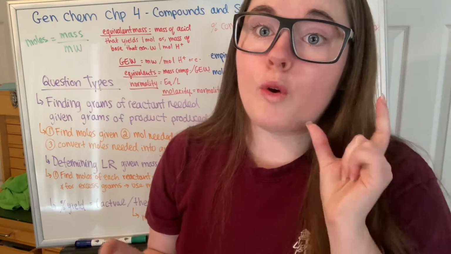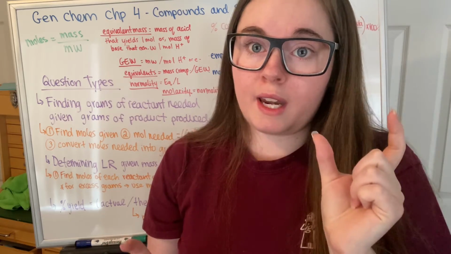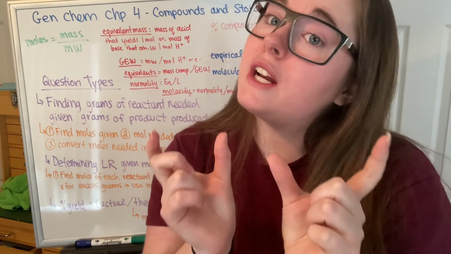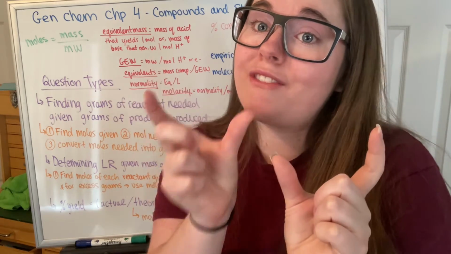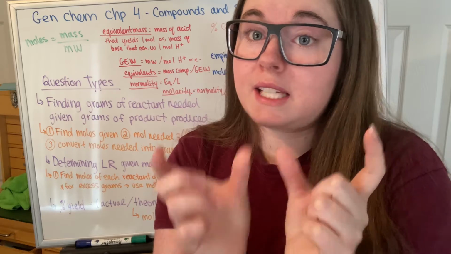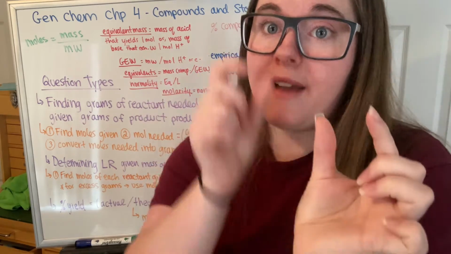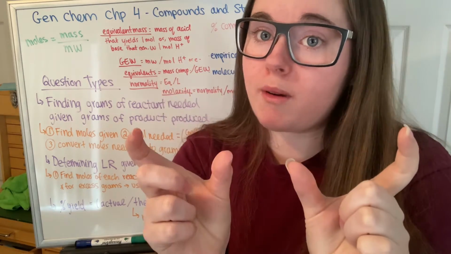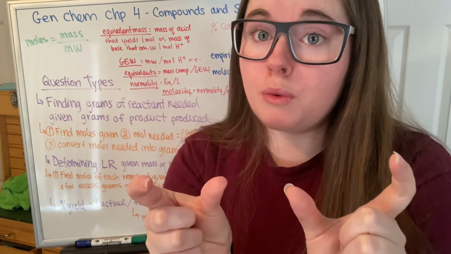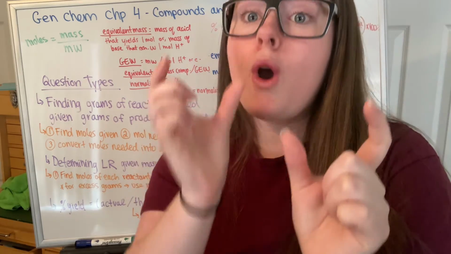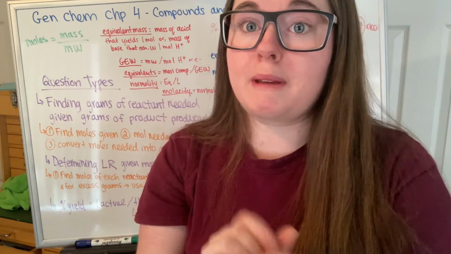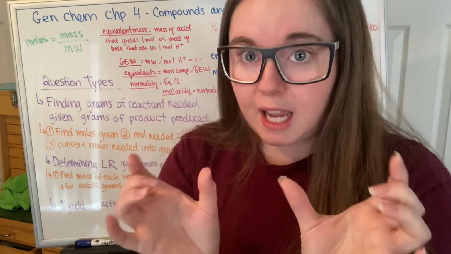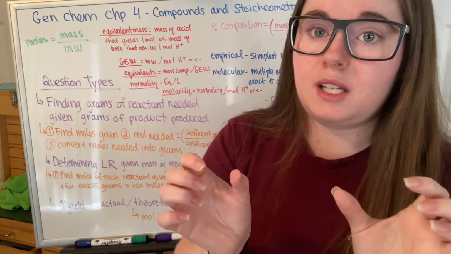If you have 0.5 moles of reactant 1 and 0.4 moles of reactant 2 in a 1-to-1 ratio, you do not have enough of reactant 2. You would need 0.5 and 0.5 moles, but you only have 0.4 moles of reactant 2, which would limit the reaction from moving forward. So that is your limiting reagent.